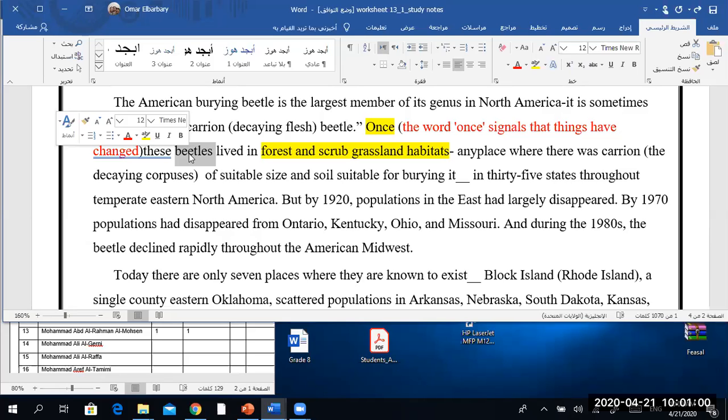So we don't assume that they go around and weigh the body of the dead animal before they drag it into a burying place, or before burying a good hole for it. But how do they know all that? This instinct. This is from Allah Azza wa Jal.